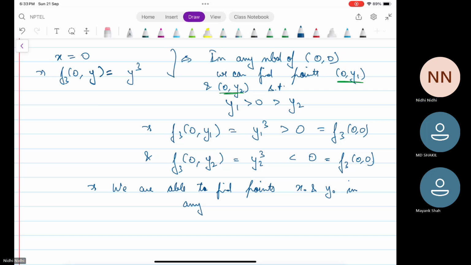In any neighborhood of origin, this point cannot be either a local minimum or a local maximum.